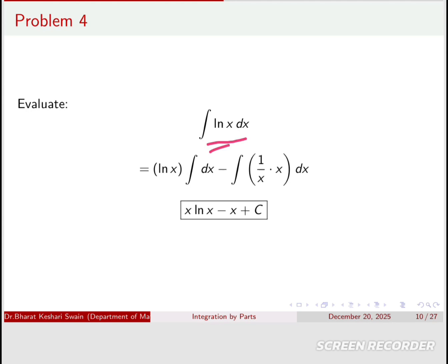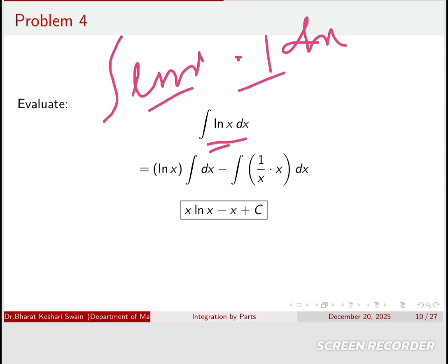apply the by parts rule after multiplying by 1, because ln x is the only function there. But we have to write it like this: ln x into 1 into dx, so that we can apply the by parts formula. Now this is a product of two functions, and from the Eilert rule, what comes first?